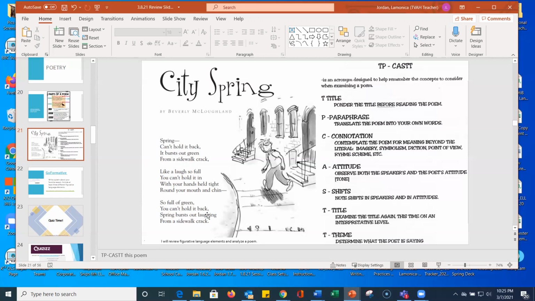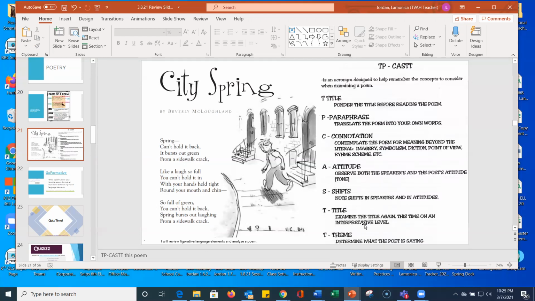Usually things that make us happy make us laugh, so I'm going to say she's happy about spring. Shifts: note the shifts in speaker and in attitude. Well, we really didn't see a shift here all throughout. I think that the author here really likes spring and finds it funny.